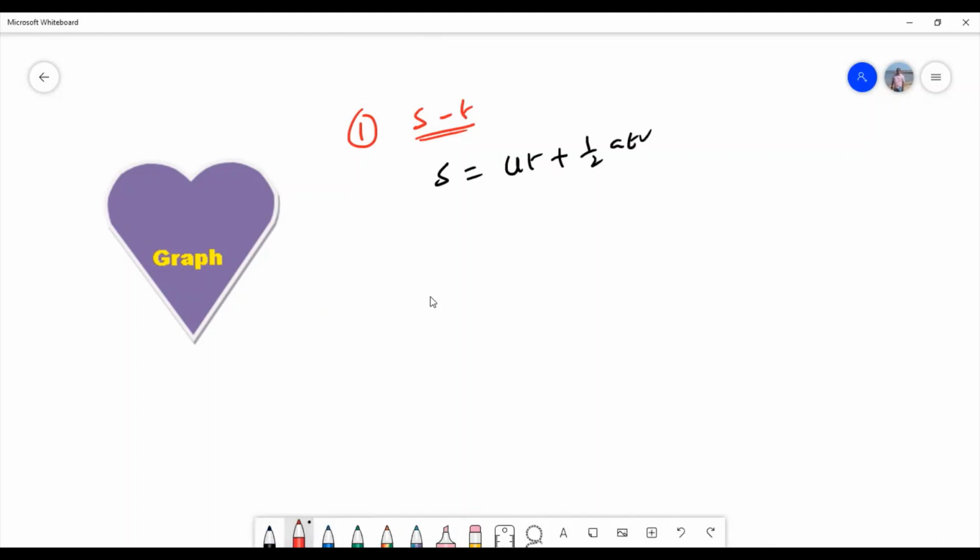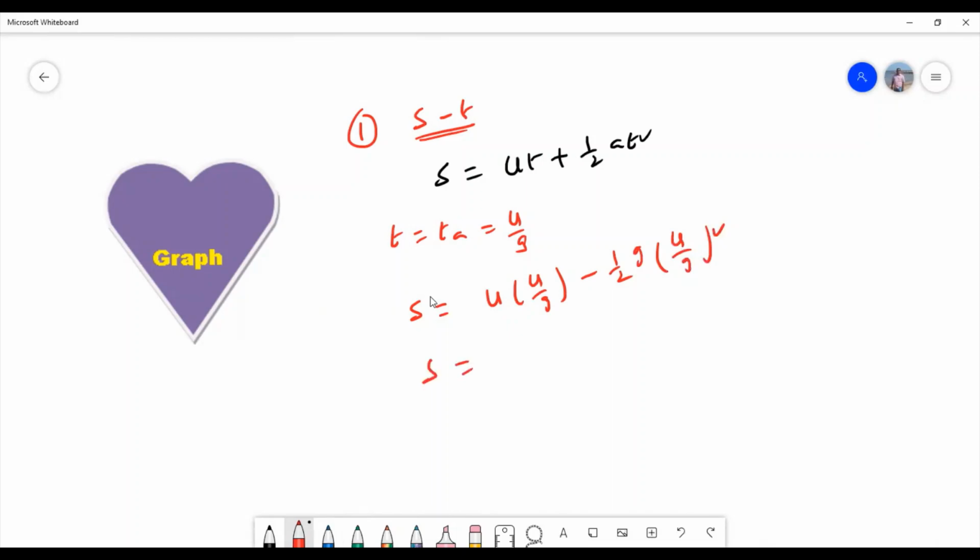We know that when t becomes time of ascent, that is u by g, let us calculate what is this s. So s becomes u into u by g minus, because going up, g into u by g whole square.